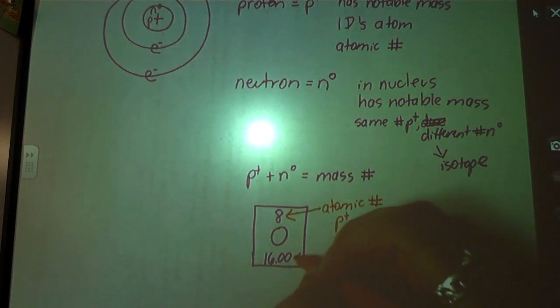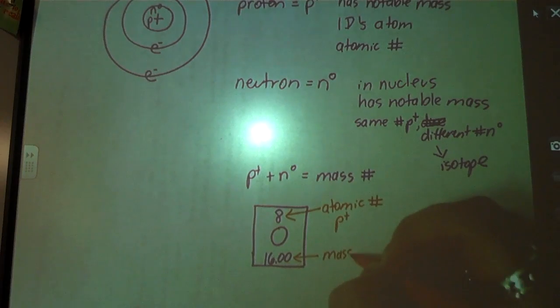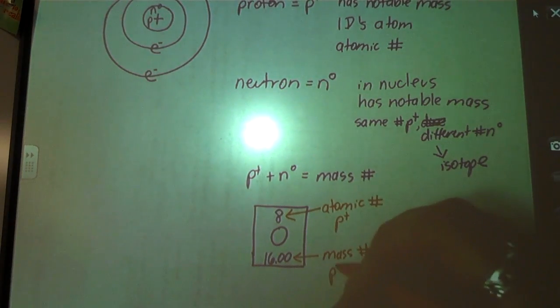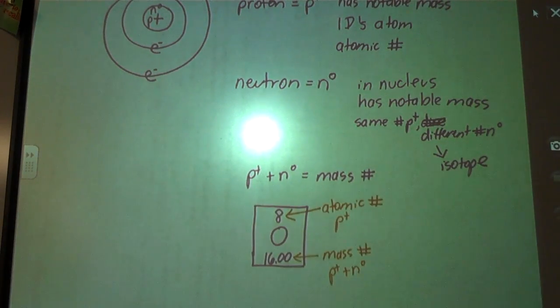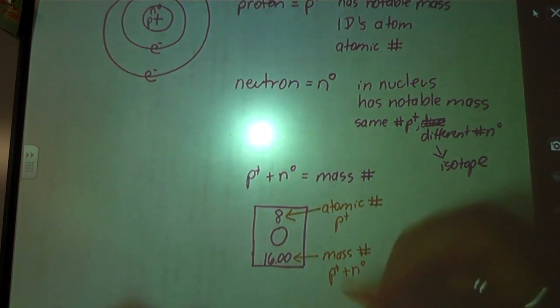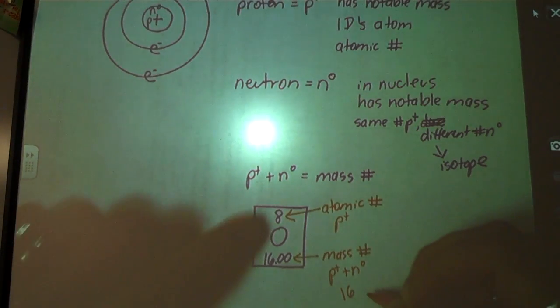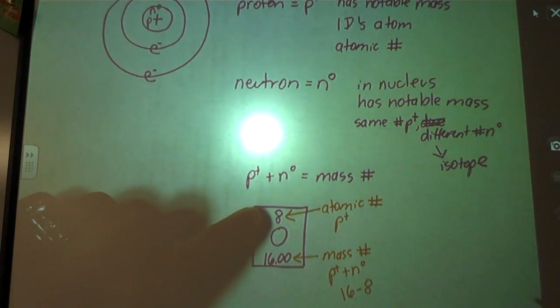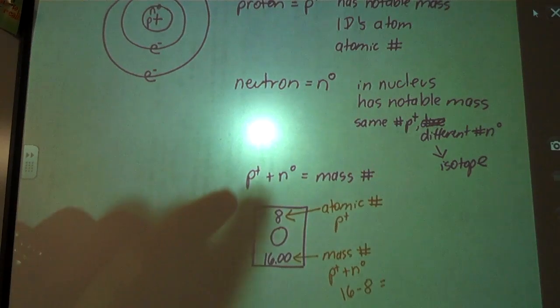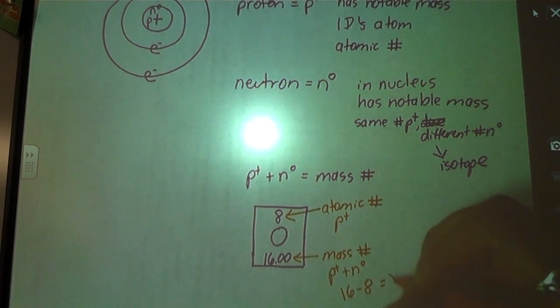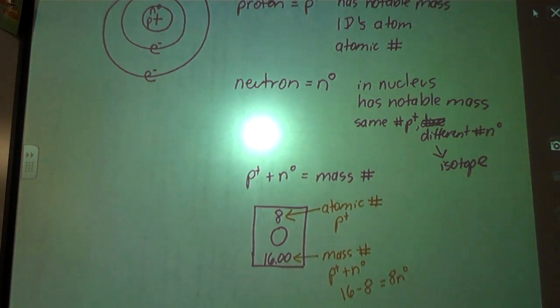This number down here is your mass number. It is composed of protons plus your neutrons. So if I wanted to know how many neutrons this particular atom of oxygen has, I would do 16 minus my number of protons. 16 minus 8 is in fact 8. So an oxygen atom that has a mass of 16 has 8 neutrons.